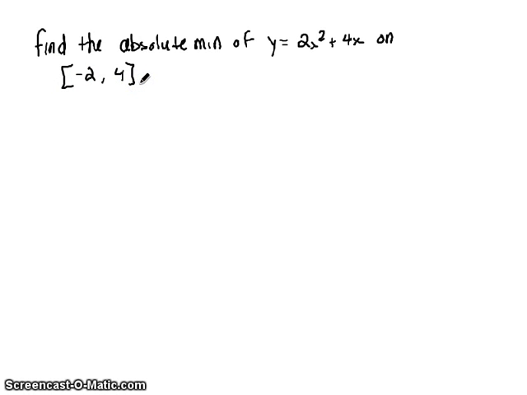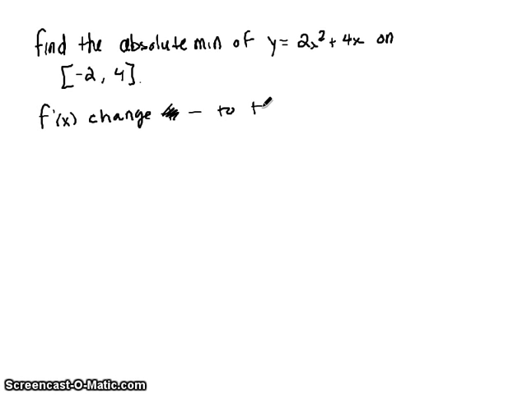So we want to take the same process. We know we're trying to find a minimum, so we're looking for when f prime of x is going to change from some negative value to a positive value. So we need to find when our first derivative is 0 or undefined.